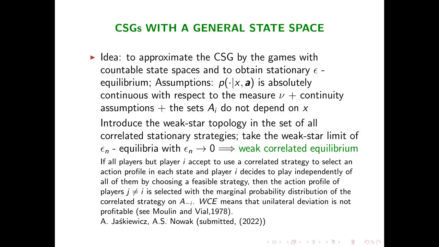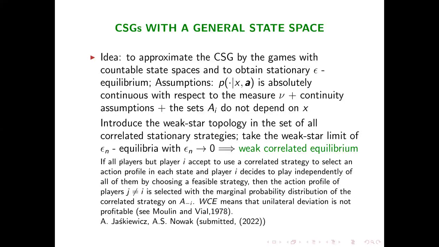and we get a result on the existence of so-called weak correlated equilibrium. And this is a correlation mechanism introduced by Moulin and Vial in the paper from 1978.